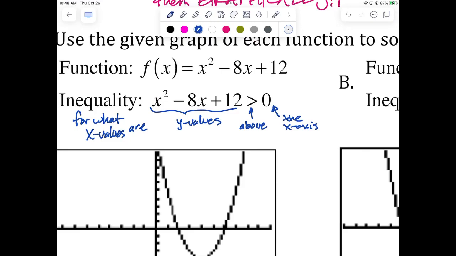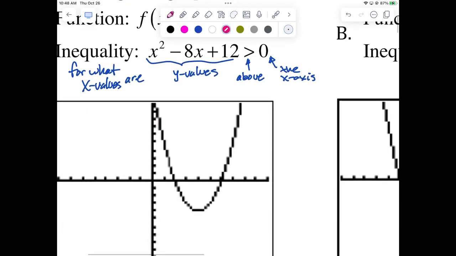So, if it's all in reference to the x-axis, let's find the x-axis. The x-axis is right here. Does everyone see where the graph is above the x-axis? That's a real easy thing to see, right? I spy the graph above the x-axis here and here.